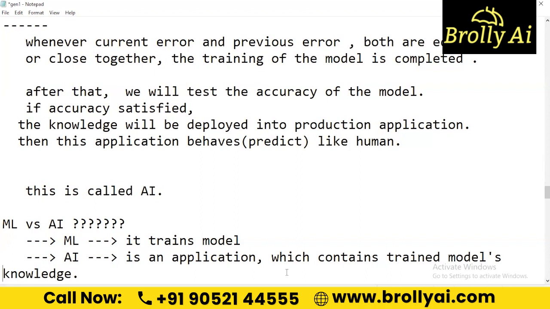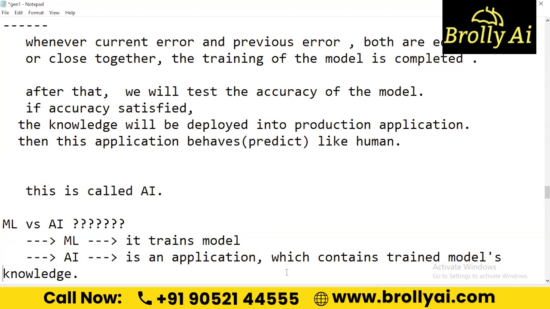Trained models. Don't say a generic definition. If an application is deployed with trained models' knowledge, then that application is called an AI application. Got it. But how to train the model? By using machine learning or neural networks or deep learning.